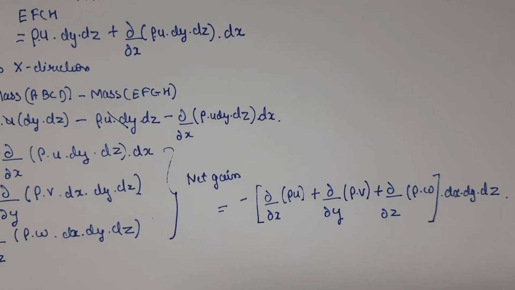Now we know that mass can neither be created nor destroyed in a fluid element. The net increase of mass per unit time in the fluid element must be equal to the rate of increase of mass of fluid in the element. What does it mean?